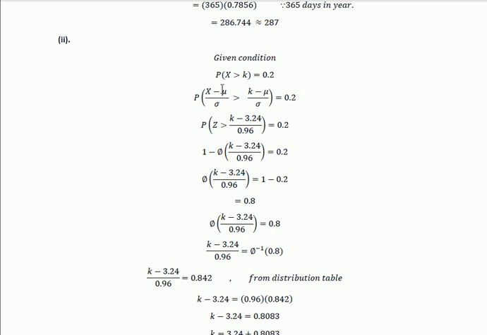By standardizing, we get P of z greater than (k minus mu) over sigma equals 0.2. For a greater-than inequality, we subtract from 1. So 1 minus phi of (k minus 3.24) over 0.96 equals 0.2. After simplification, we get phi of (k minus 3.24) over 0.96 equals 0.8.